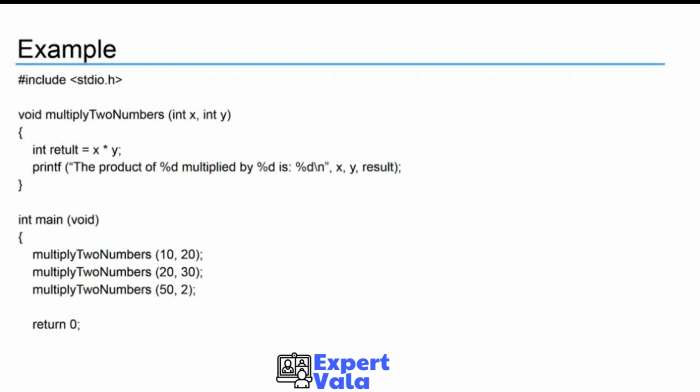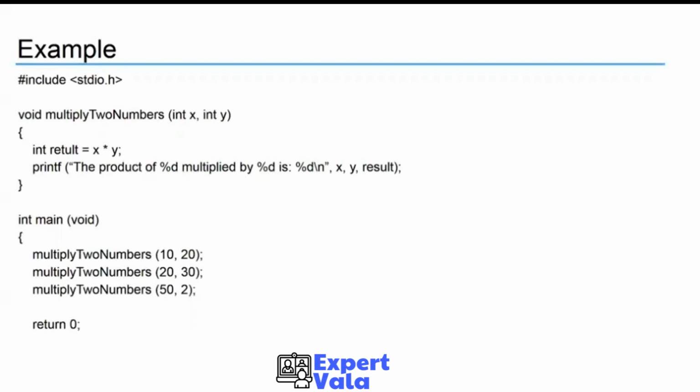So x is going to be equal to 10, y is going to be equal to 20. When we do our multiplication x times y, it's going to be 10 times 20. The result is going to store 200 and then it's going to display the result along with the variables that were passed to x and y. So it's going to display 10, 20, and then 200.